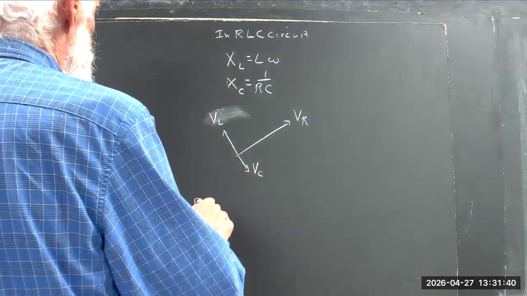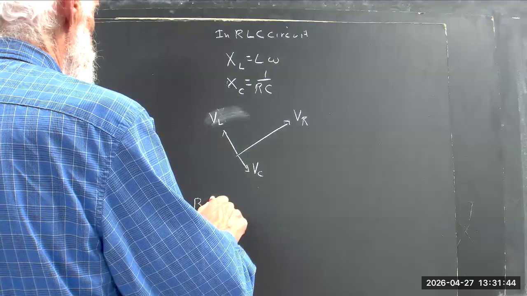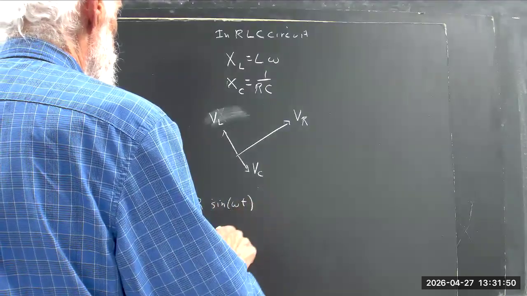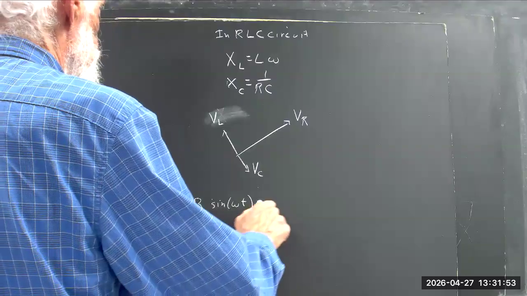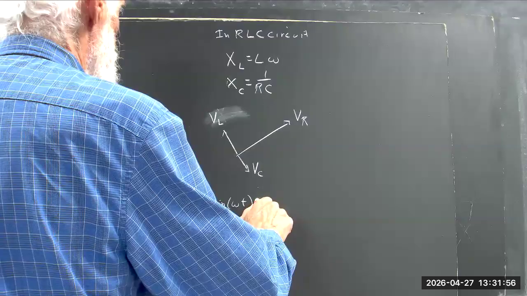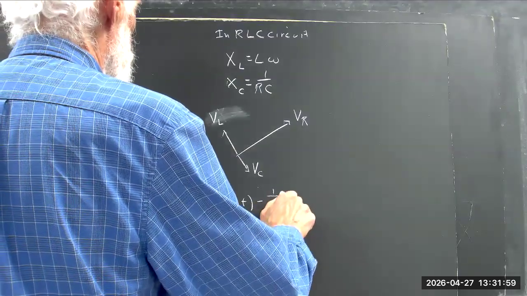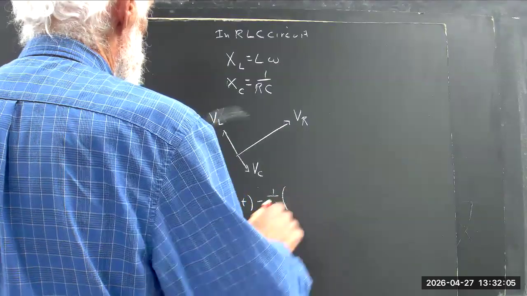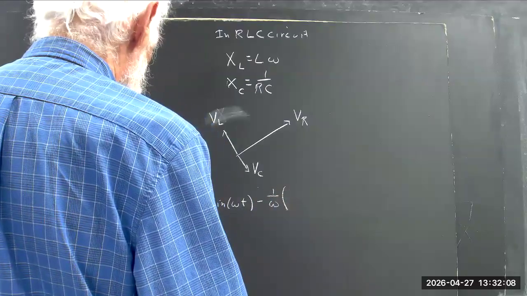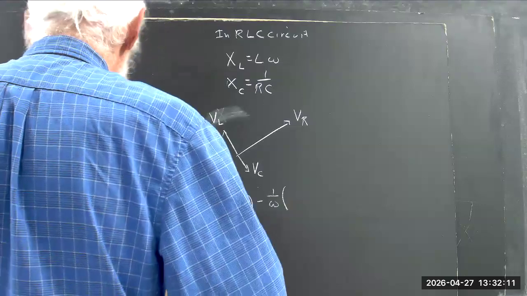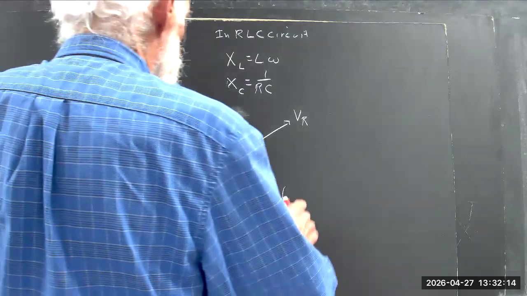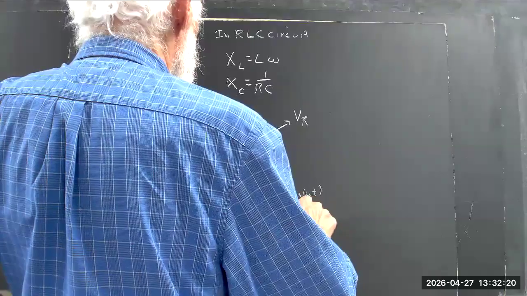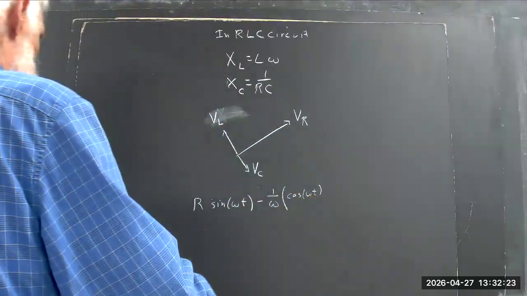It's because if you have R sine of omega t, minus 1 over omega times... I guess I better write it all out.